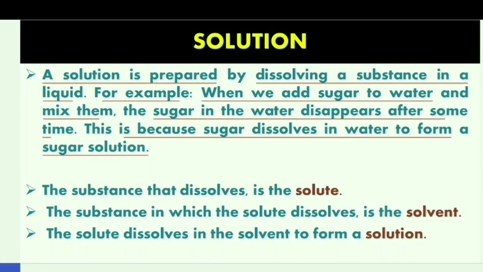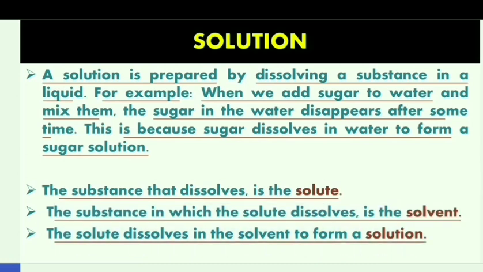Now let us understand what is solute and solvent. The substance that dissolves is called solute and the substance in which the solute dissolves is the solvent. The solute dissolves in the solvent to form a solution. For example, sugar is dissolved in water to make sugar solution. So, sugar is solute and water is solvent in case of sugar solution.